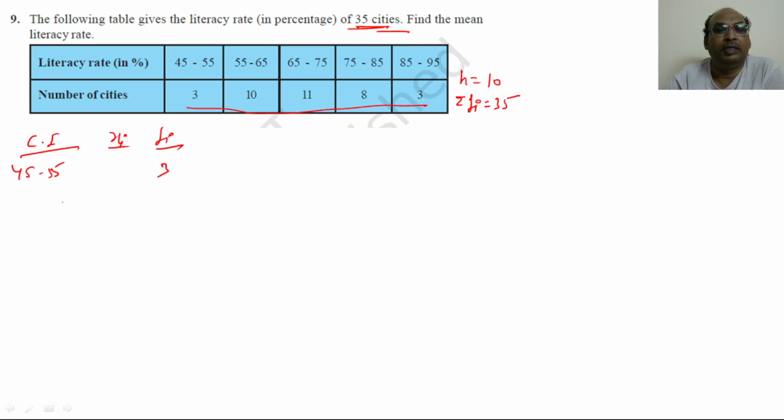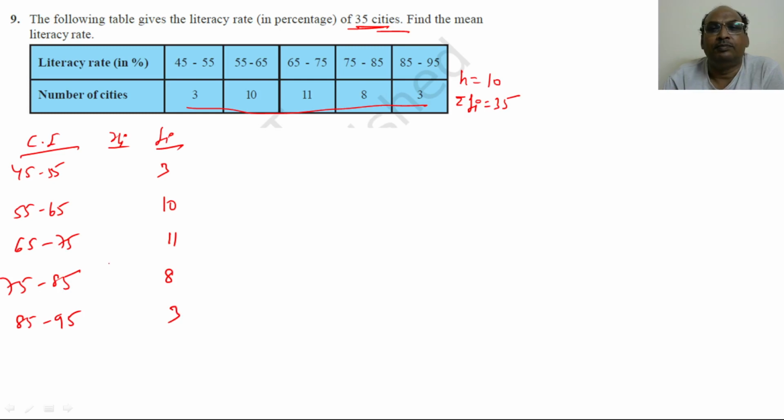Here Xi we will be placing, and 55 to 65, 10, 65 to 75, 11, 75 to 85, 8, and 85 to 95, 3. Now Xi. So 45 plus 55 is 100, 100 divided by 2, 50. Class size is 10, so it is becoming 60, 70, 80, 90.